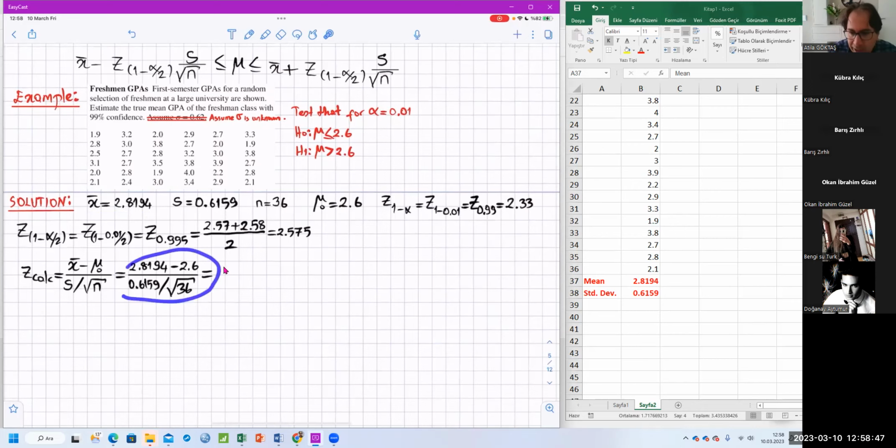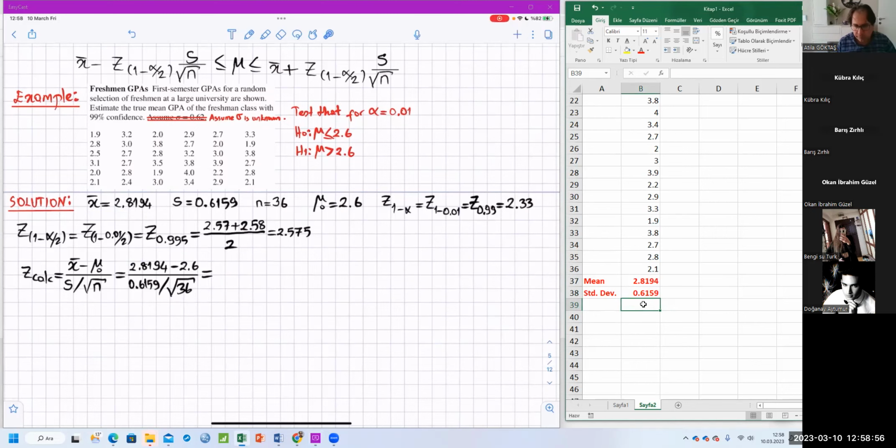Okay, I'll try to do it right here in Excel. I'll write a function for the Z statistic within a bracket: 2.8194 minus 2.6, and I'm dividing this by 0.6159 divided by 6 also.